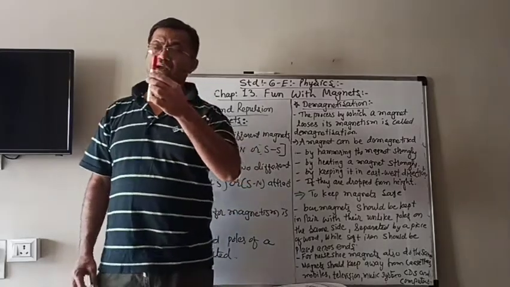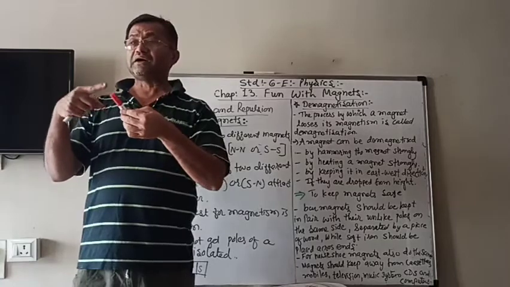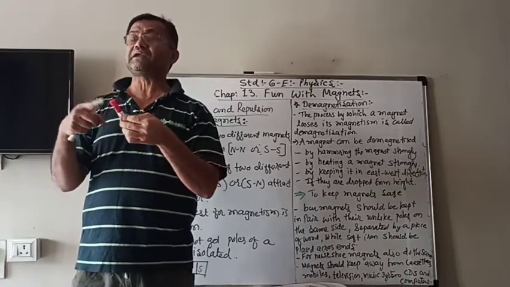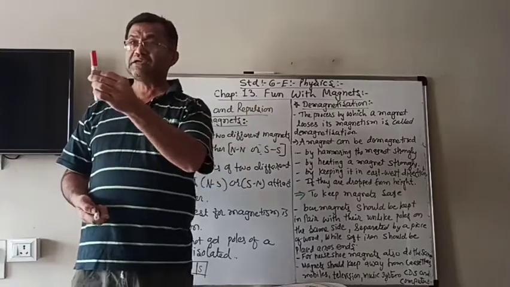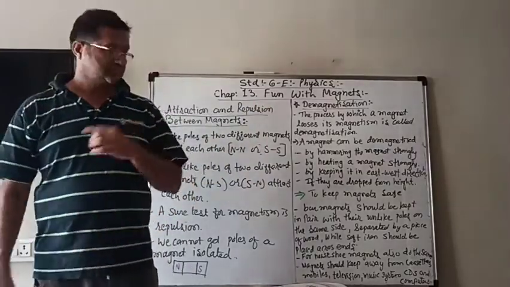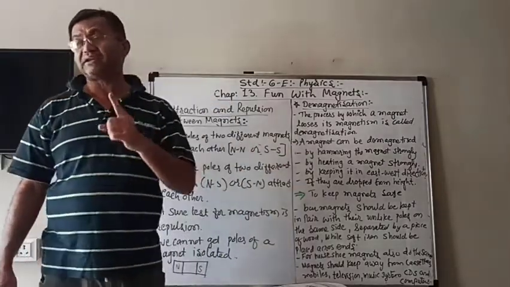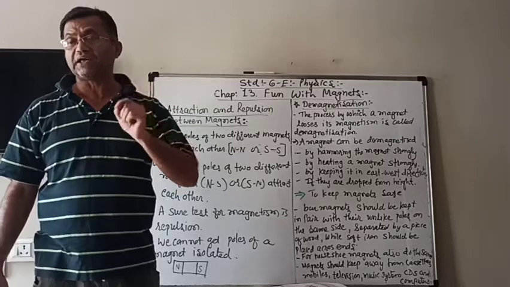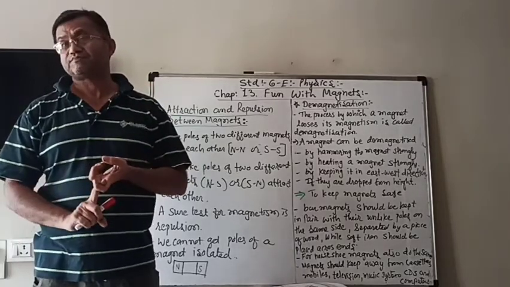But if it is a magnet, then when the like poles come nearer, they will repel. It means that only in the repulsion can you check whether the magnet is there or not. So for the test of the real magnetism, the repulsion is the true test.